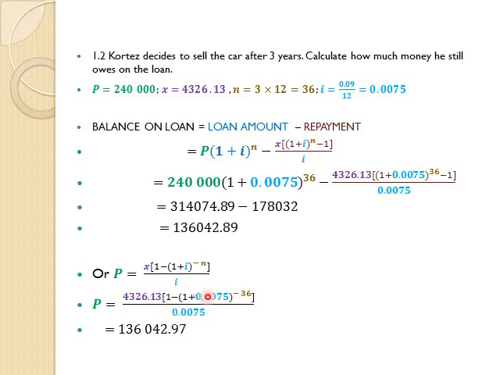Punch it all in, get 136,042.97. So more or less the same, a slight difference. It depends on how many decimals are included, and that is the norm depending on which equation you use.